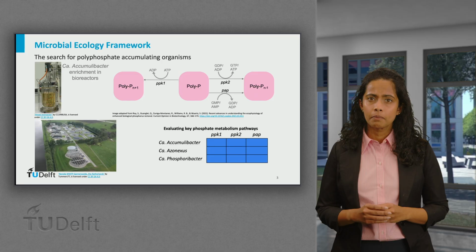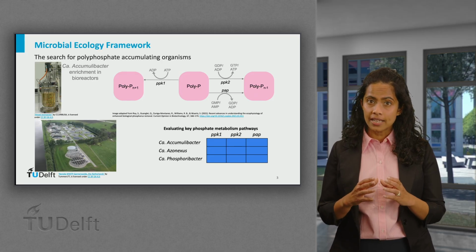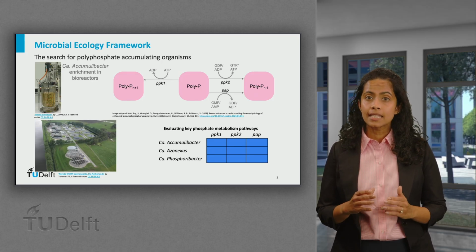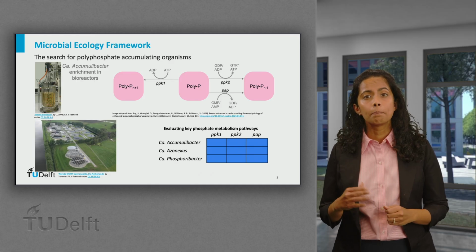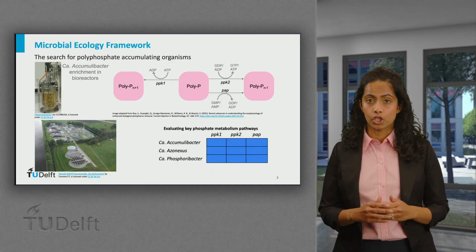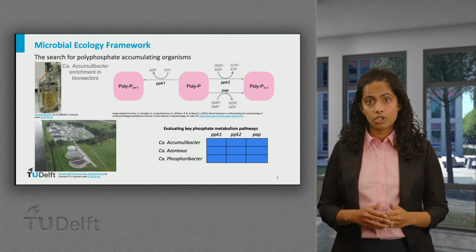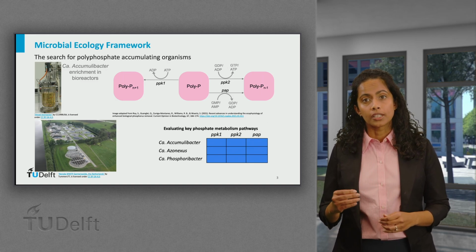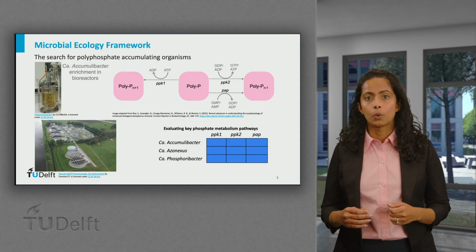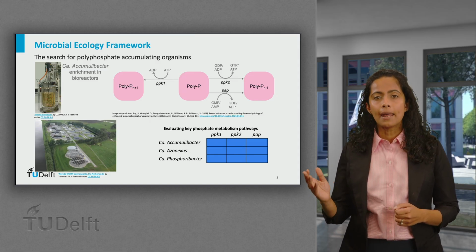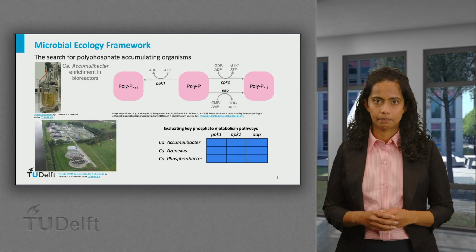In this organism, polyphosphate serves as a storage polymer that is synthesized with the help of the PPK1 enzyme, as shown in this figure. And when required for ATP generation, the polyphosphate polymer is degraded with the help of PPK2 and PAP enzymes.